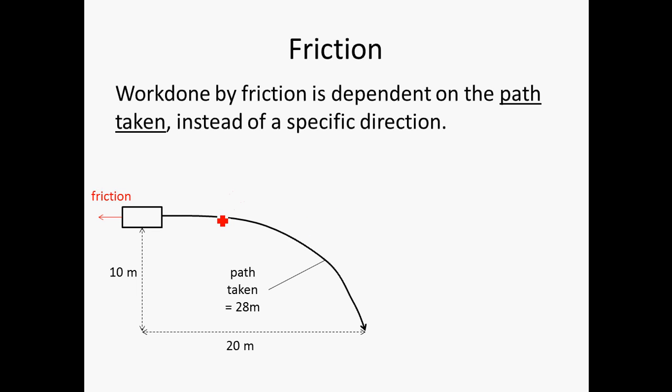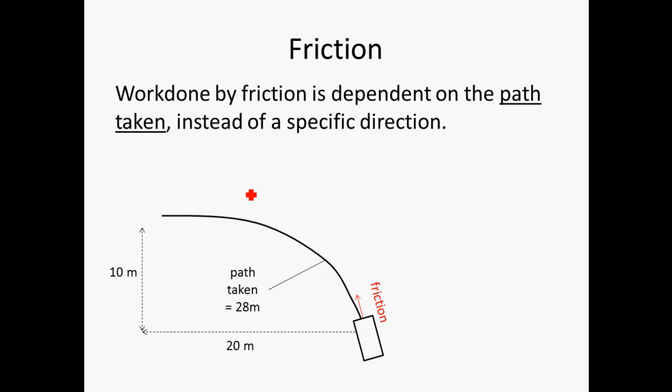Let me go back to the first case. In the first case, the friction is going to the left. In the second case, it's slightly pointing upwards. As it goes round the bend, you will realize that the arrow keeps changing to point even higher.